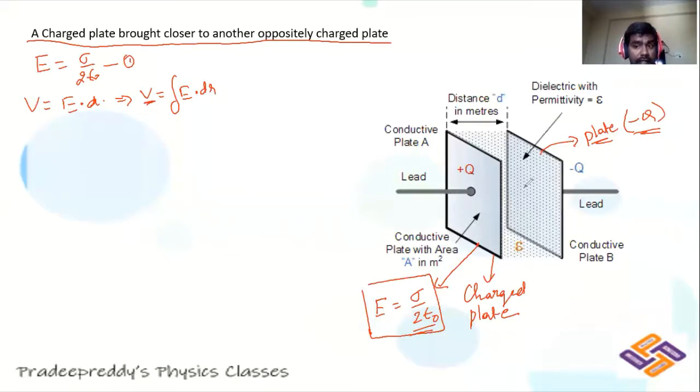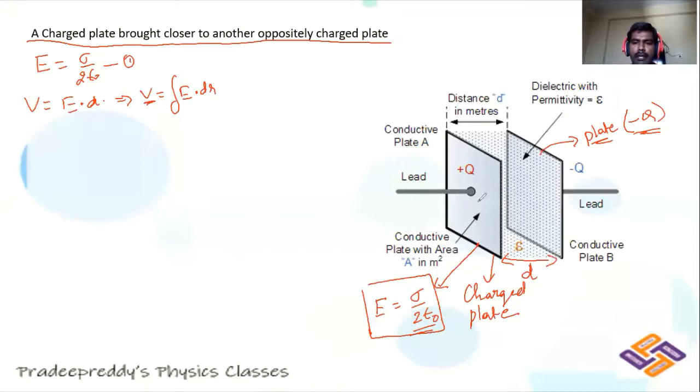See, you are not touching the positive plate. You are just bringing it closer to the plus Q charged plate with some distance, say D. The separation between these two plates I am considering as D.